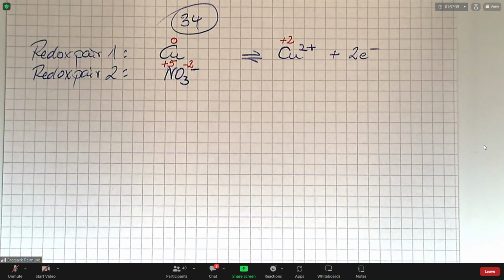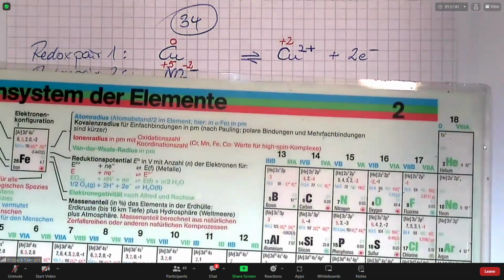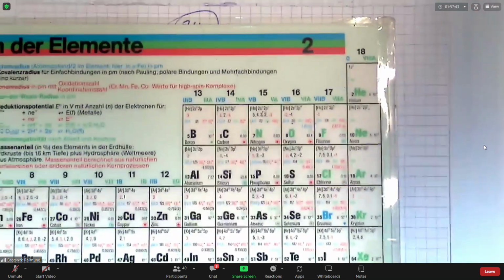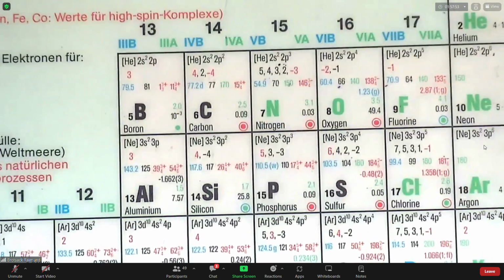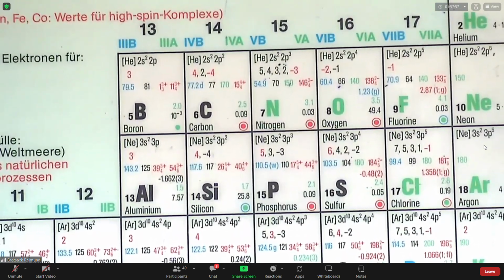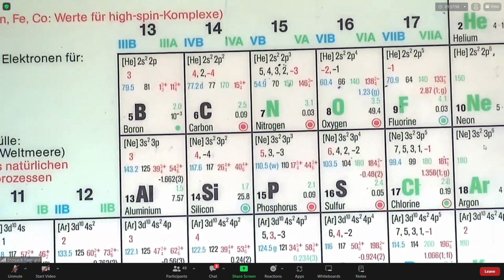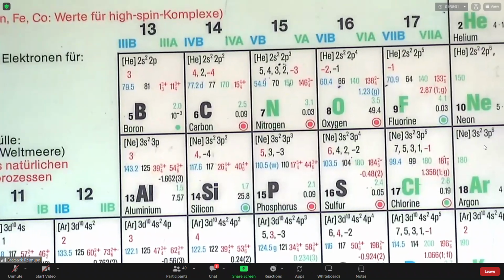If we look it up again in the periodic table, for the nitrogen, it's getting a little bit complicated. +5 possible, yes, we have it. But it can be not more than +5. Why?